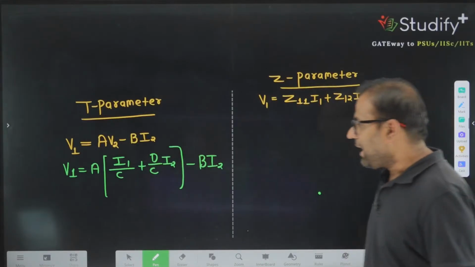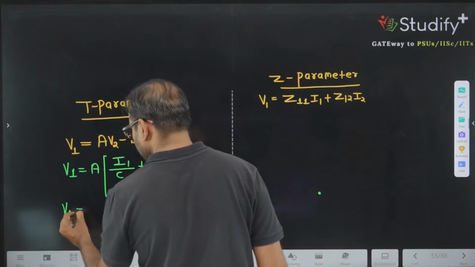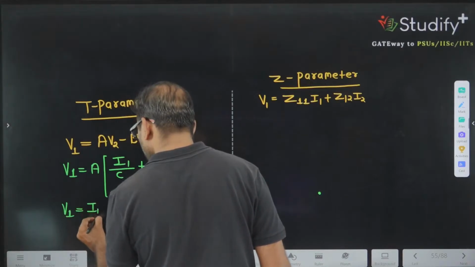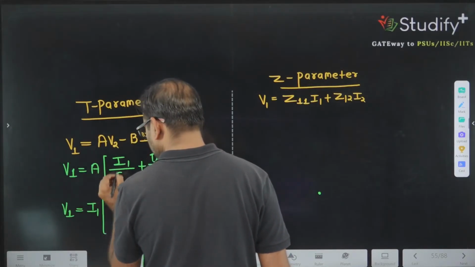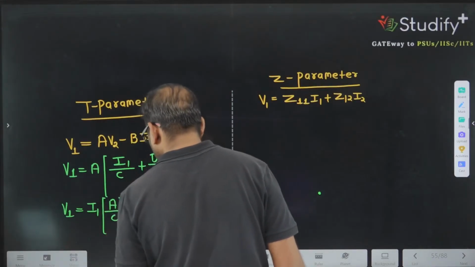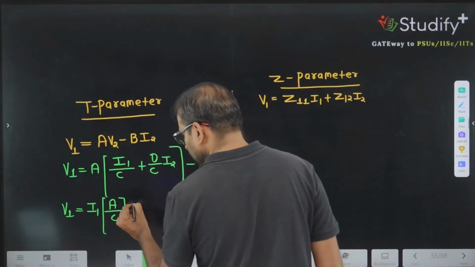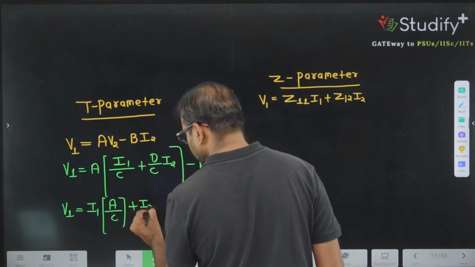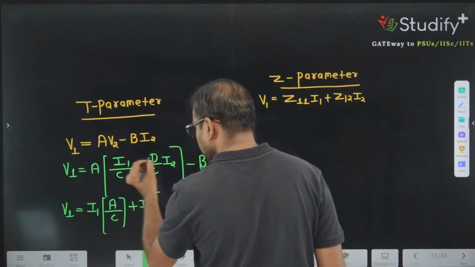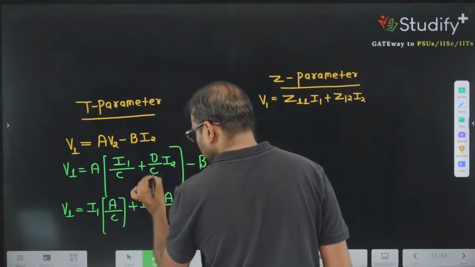And when I represent this as a function of I1 and I2, when I take I1 as common, what will I have here? It is A by C. And when I take I2 as common from here, I can say this is A into D divided by C minus B.